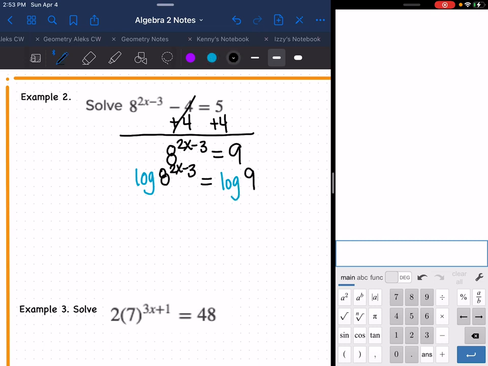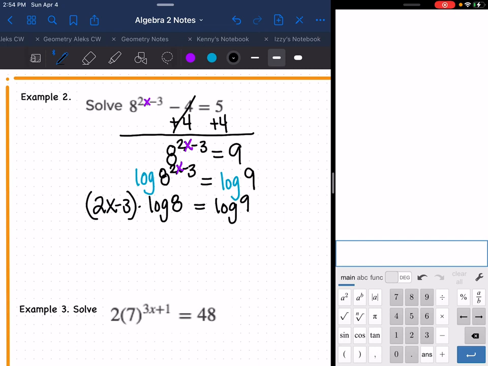I'm now going to apply the power rule, because remember my whole goal is to get this variable x alone. So I'm going to move my 2x minus 3 to the front times my log of 8 equals log of 9.